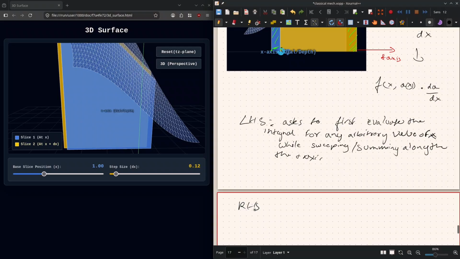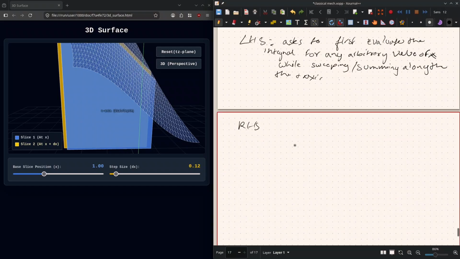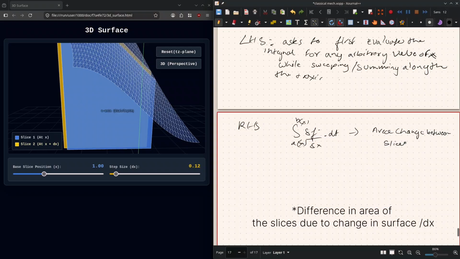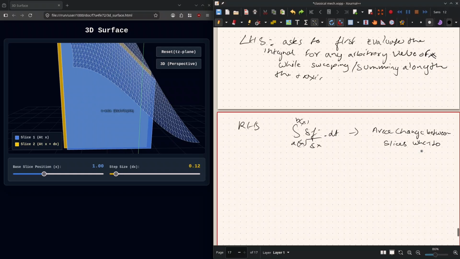And what the RHS tells us, the three terms in the RHS tell us, is that the integral term, which I'll write from a of x to b of x, del f by del x dt, tells us the area change between the slices per unit dx.